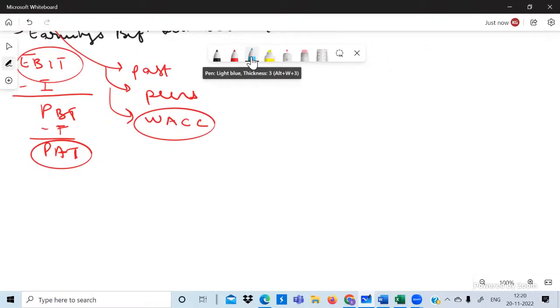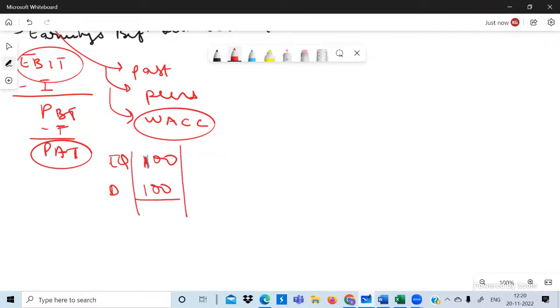Weighted average cost of capital in simple terms is, let's say you're running a company and you've raised maybe 100 crores through equity and another 100 crores through long-term debt. So total amount raised is 200 crores. Let's say equity shareholders, when they fund your company, their expectation is 20%. Say they want a return of 20%. So for the company, it's a cost.